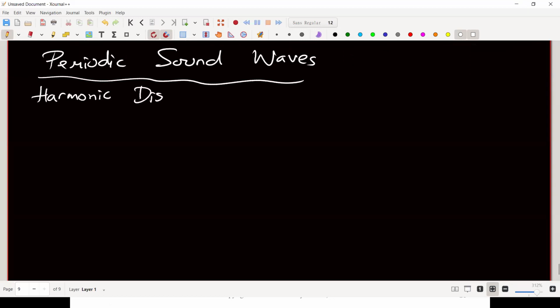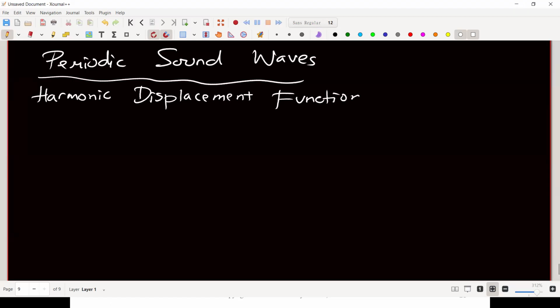We can see that s(x,t) is equal to s max cos(kx minus omega t).